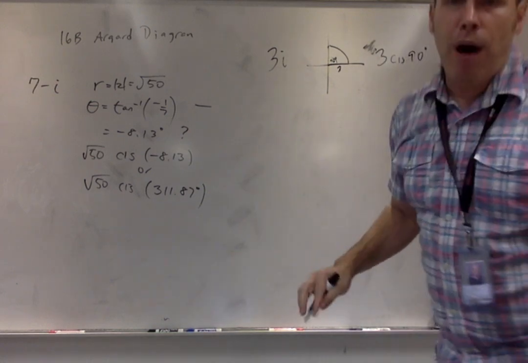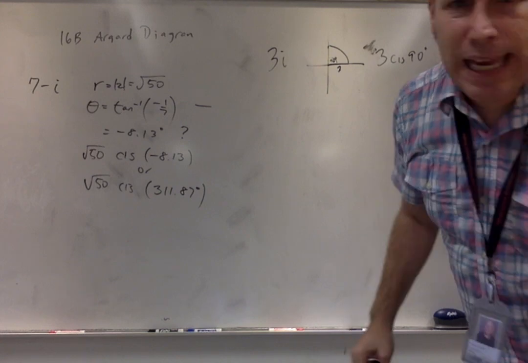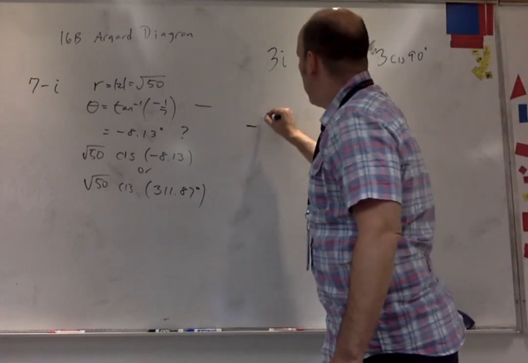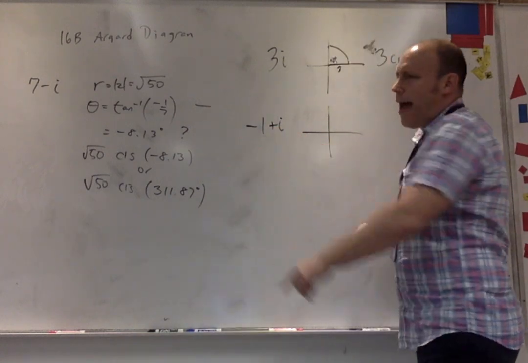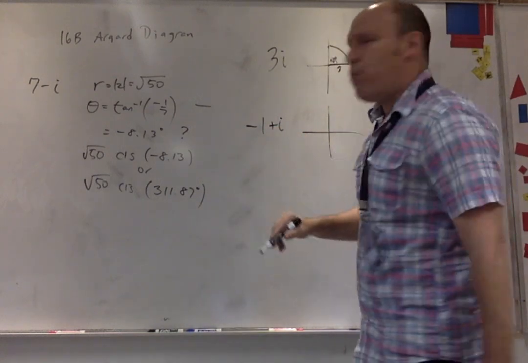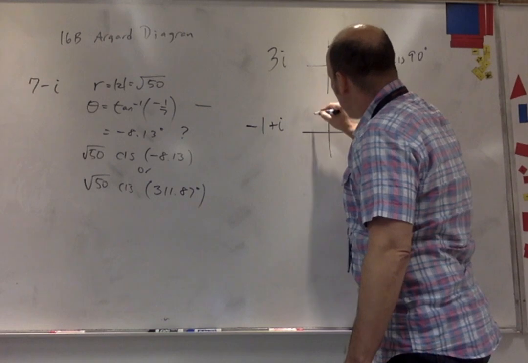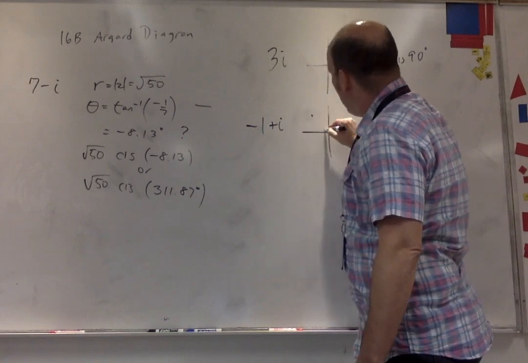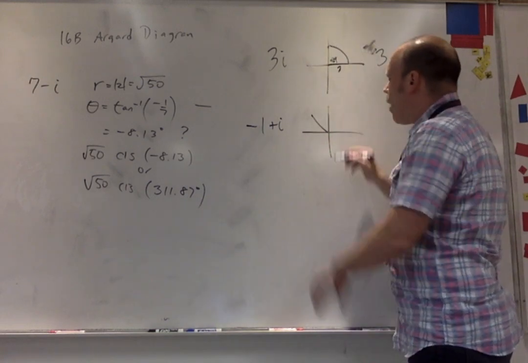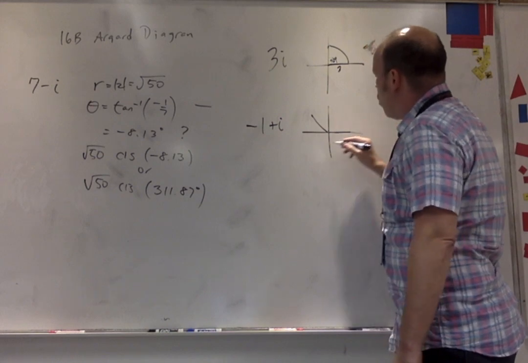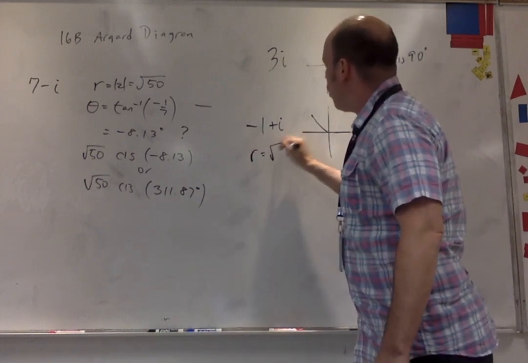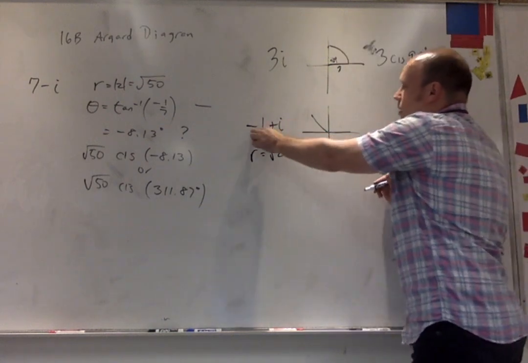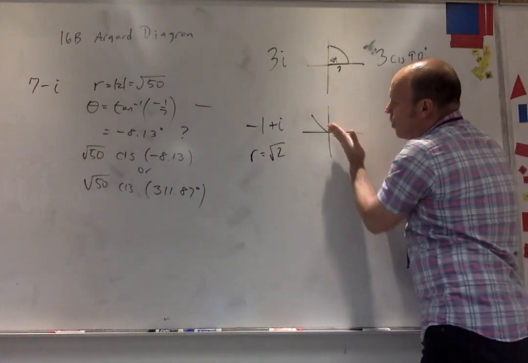Just like that. Let's take the number negative 1 plus i. You look at that and you're like, wait a minute, I know that. You can see where it is. Negative 1 plus i, it's over here. Just by inspection, I can see that the modulus is radical 2, and I just know this is on the line y equals negative x.